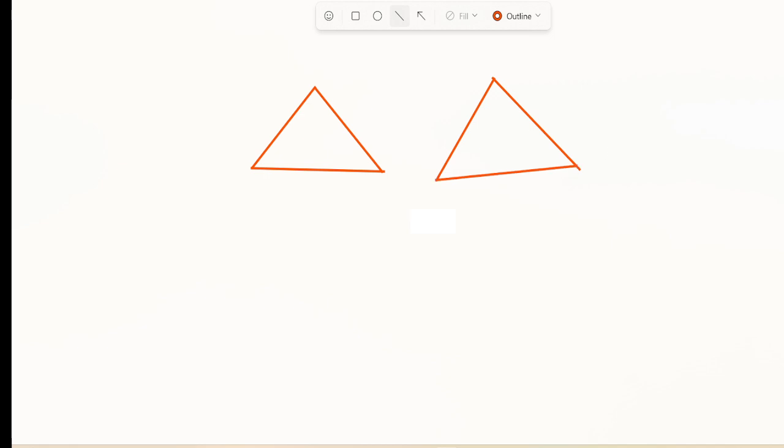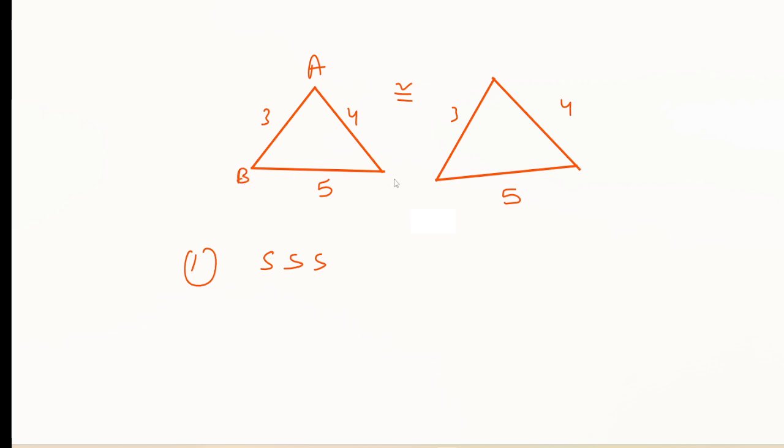Suppose they are equal, though they don't look like it. The first rule to prove that they are congruent, this is the symbol of congruency, is side, side, side. Corresponding sides are equal. Suppose this is 3, this is 3, this is 4, this is 4, this is 5, this is 5. So we can say that triangle ABC is congruent to triangle PQR if their corresponding sides are equal.